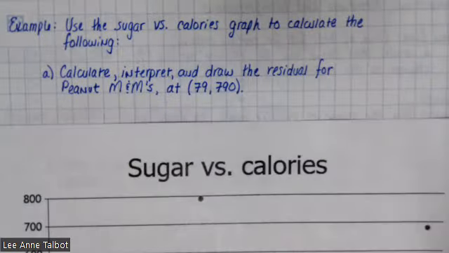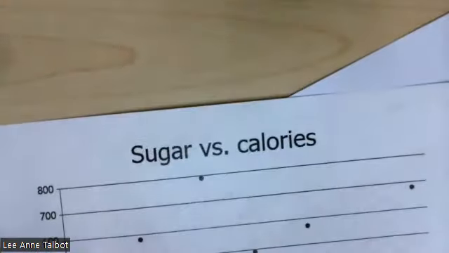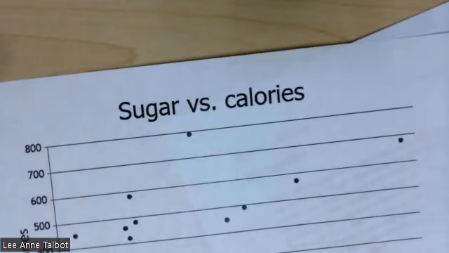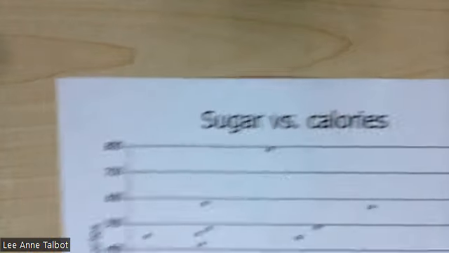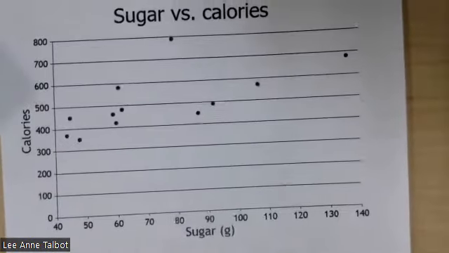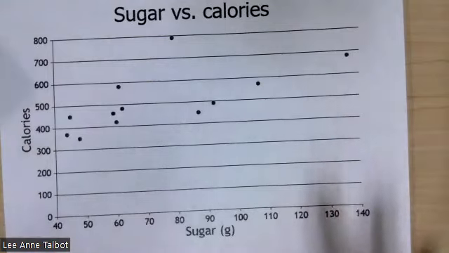Okay, so let's pause our lesson for a second. Let's look at this. What we're going to do is a tiny bit of review of what we've done in this chapter so far before we move on to the residuals, because we have to draw them on here. We need to get it set up.